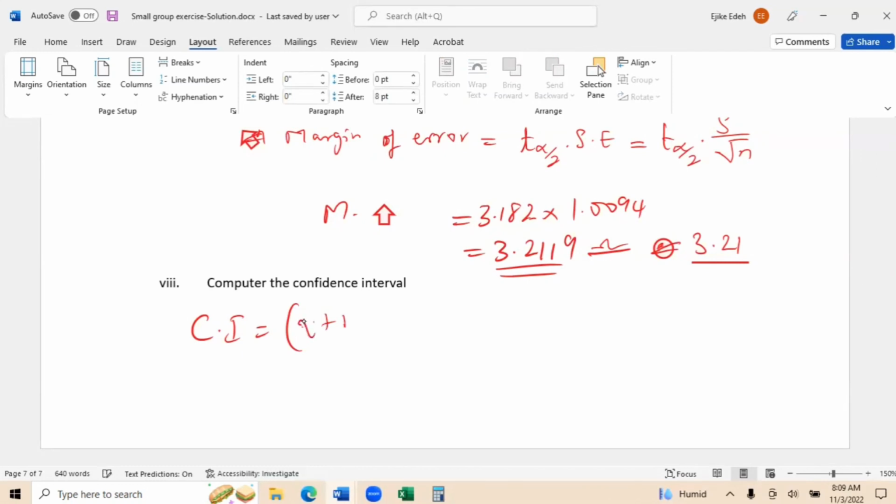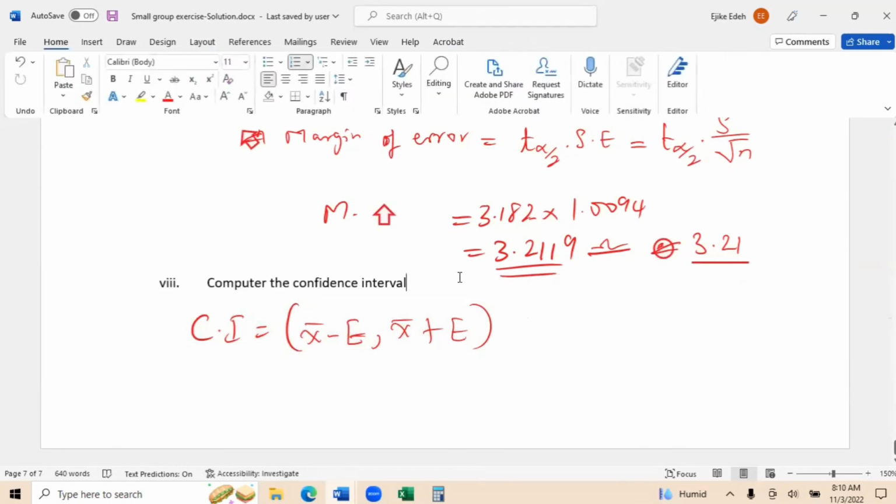If you go back to chapter 7, you're going to find your slide with all these: the mean minus the margin of error on the lower part, and the mean plus the margin of error on the upper part.